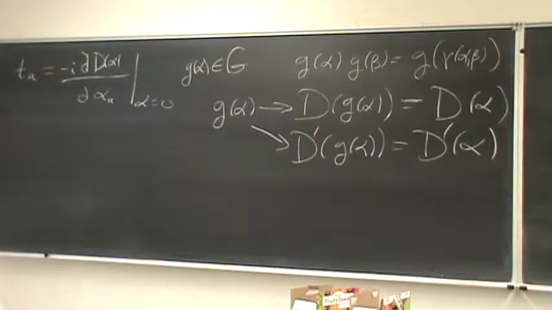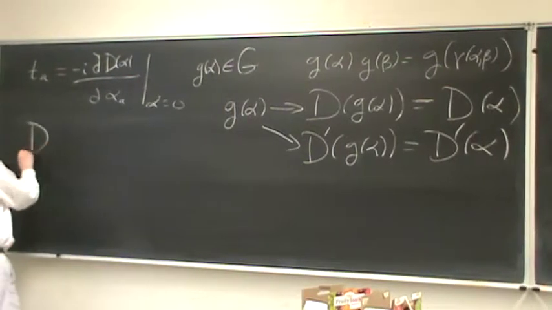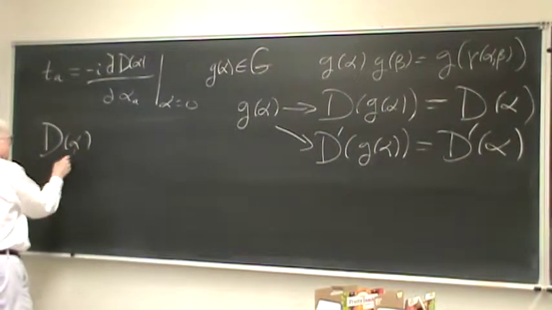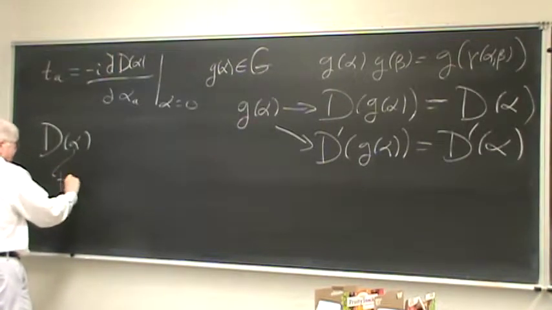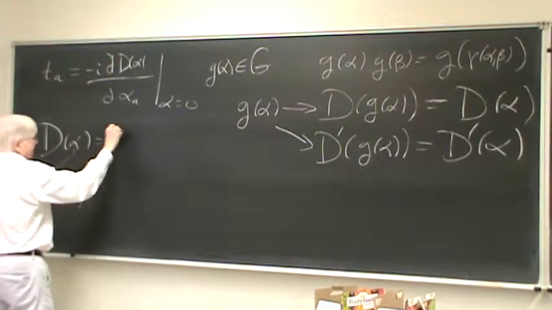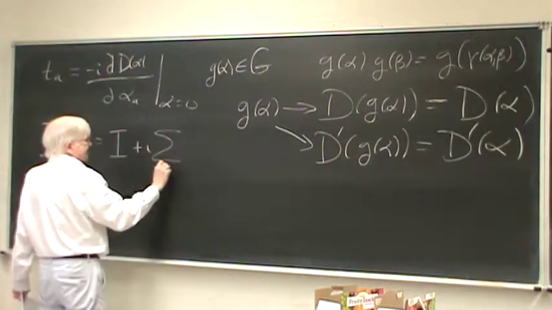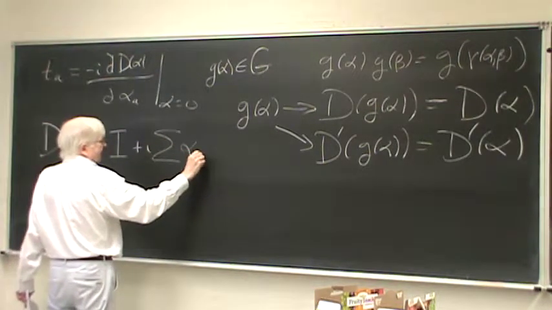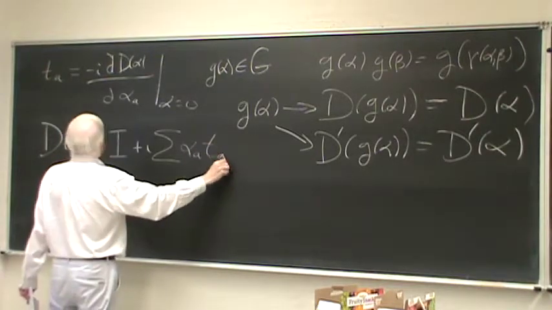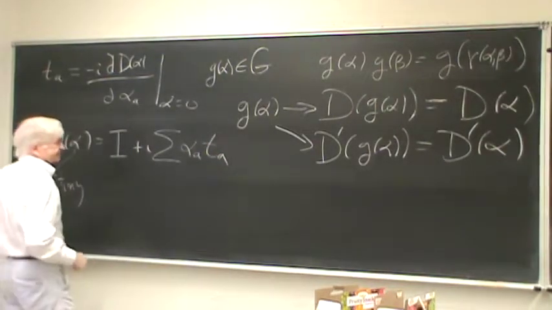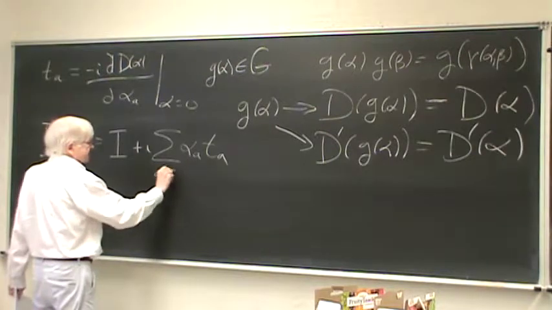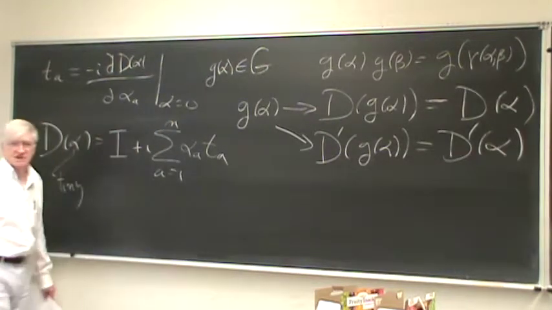And the cool thing about Lie algebra is that you can consider infinitesimal, tiny values of alpha, and then this is I plus a sum alpha_a T_a, where these are the generators. And a goes from 1 to however many generators there are.